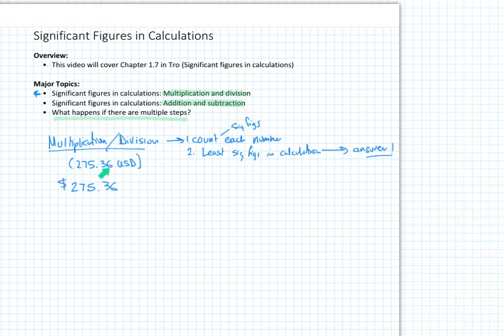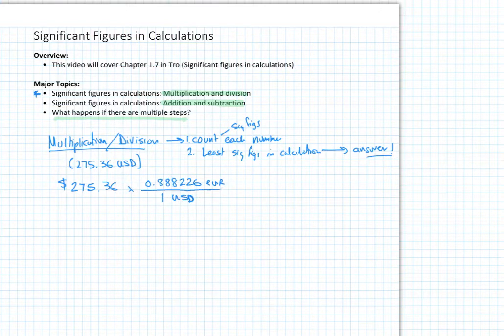All right, so 275.36 US dollars, and we want to get an exchange rate for today, and today's exchange rate just happens to be 0.888226 euros. So we'll say EUR for every 1 US dollar.